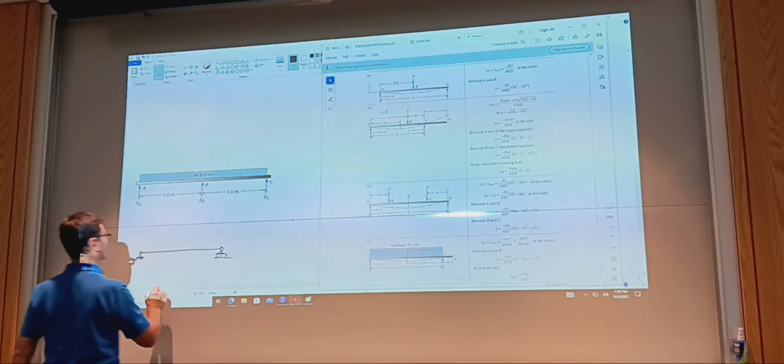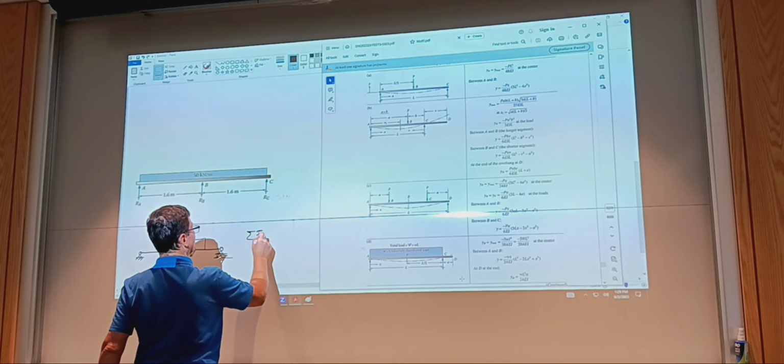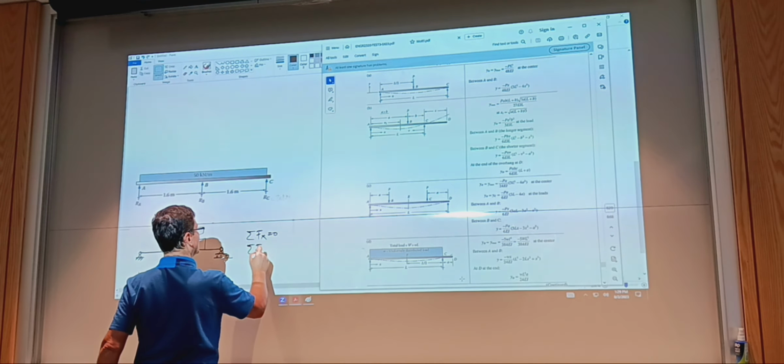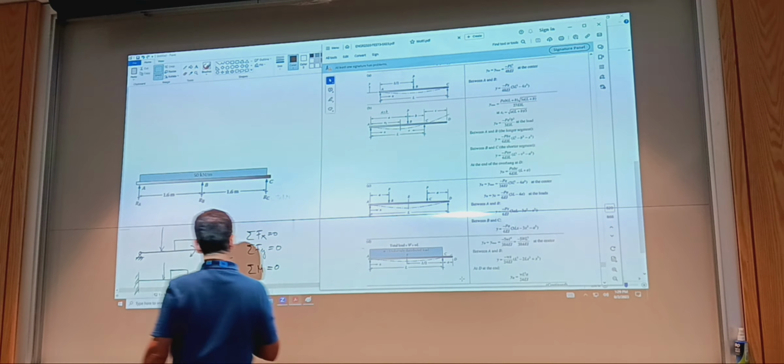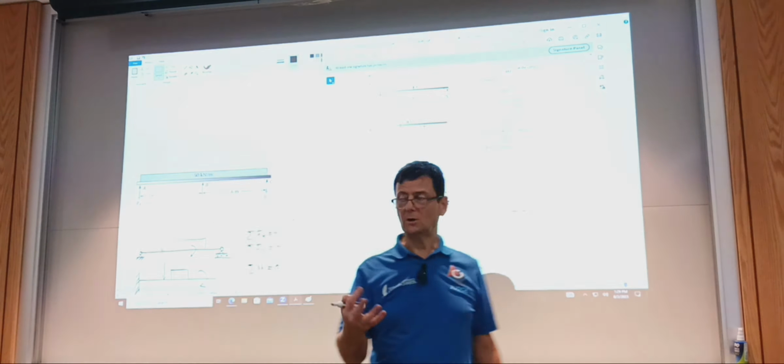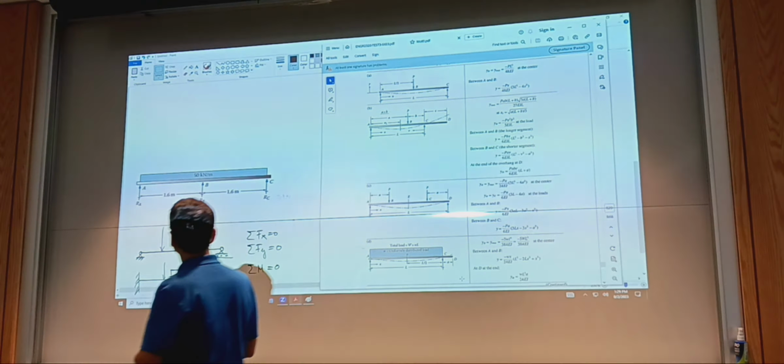You can have a moment applied. So using equations from statics, in 2 dimensions you have 3 equilibrium equations: sum of forces in x equals 0, sum of forces in y equals 0, and a moment equation, sum of moments equals 0. So you can handle 3 unknowns.